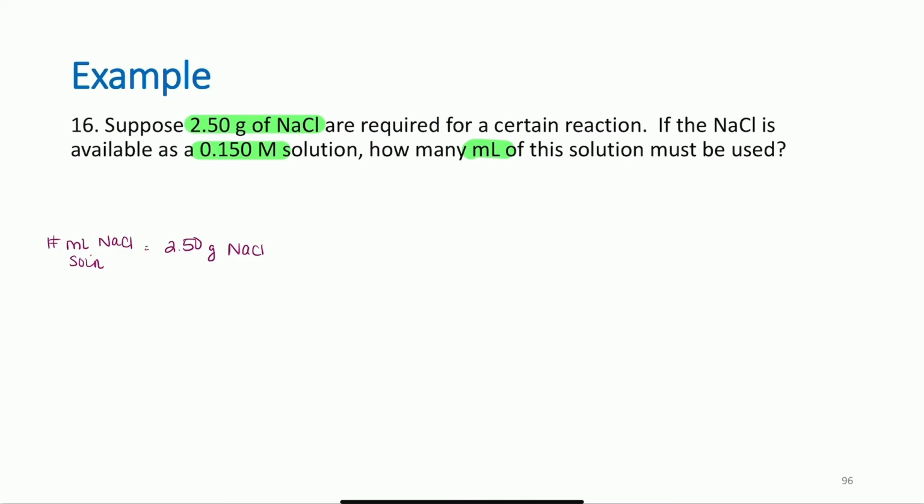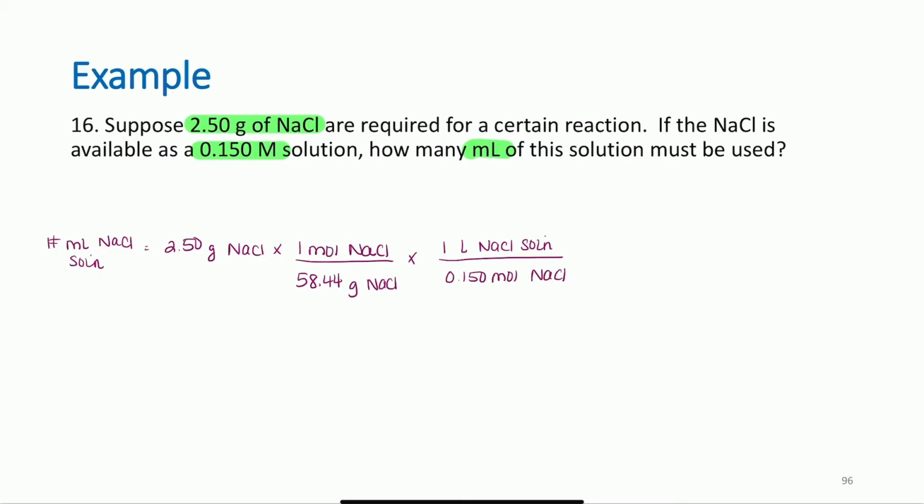Let's go ahead and convert that to moles. How many moles of sodium chloride is that? Sodium chloride has a molar mass of 58.44 grams. I know I have a 0.15 molar solution, which is the same as a conversion factor, so I know that 1 liter of that sodium chloride solution contains 0.150 moles of sodium chloride.